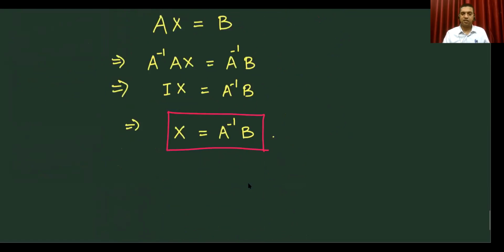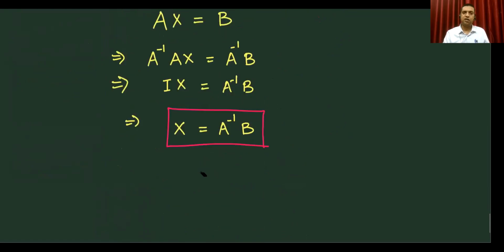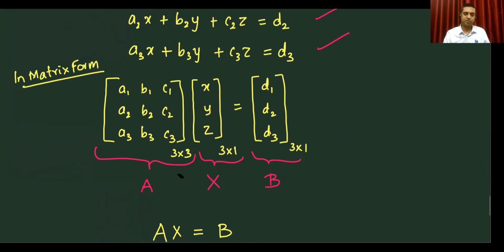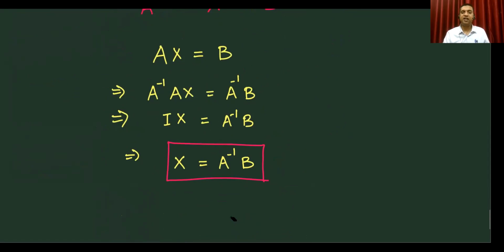Sir, if we are given four equations, then what would be the solution, sir? 4 equations and 4 unknowns. Same, A inverse B will be equal to X, as long as A inverse exists. Listen.